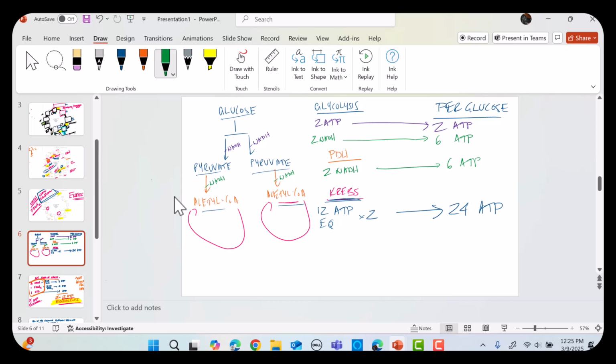So when I actually add up everything I'm going to get from that one little glucose, once I cash all my checks, I'm going to get 38 ATP from that glucose, not accounting for heat. The term you're going to see for that is the complete oxidation.